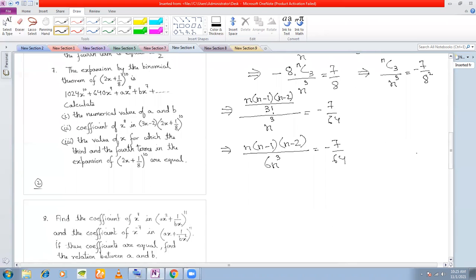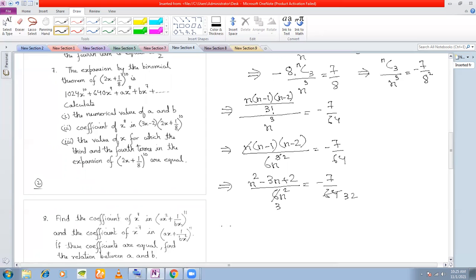Now we are required to solve this equation. First, the n cancels, and you get only n square here. Now multiply everything in the numerator and you get n square minus 3n plus 2 by 6n square is equal to minus 7 by 64. To reduce your work a little, you can cancel here itself, 6 with 2 and 64 with 32.